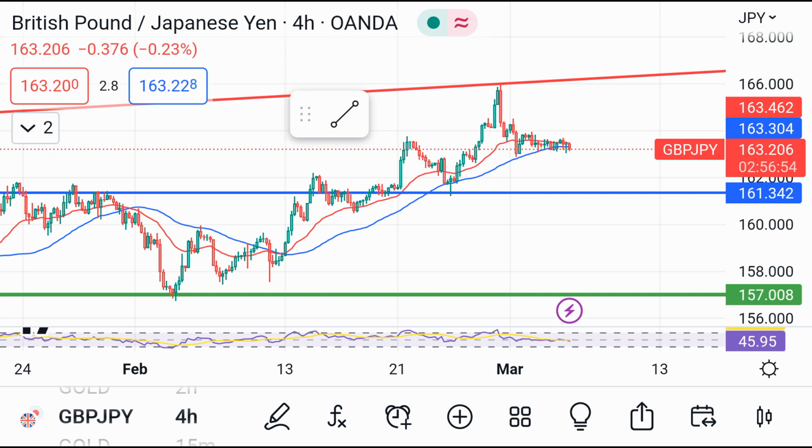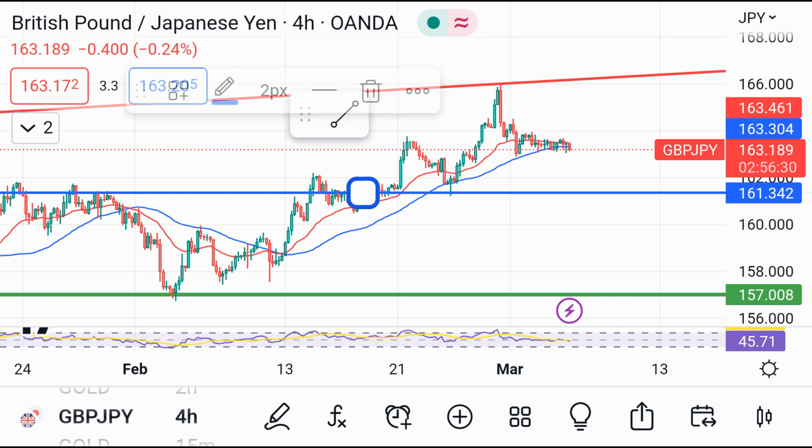So follow along and see how I analyze the markets so that you can also take the trade with me this morning. In Ghana here, we are in the morning, so depending on your country, but let's take the trade together.